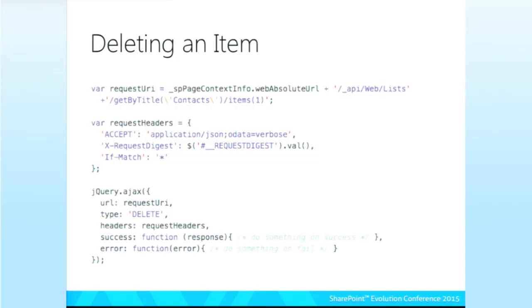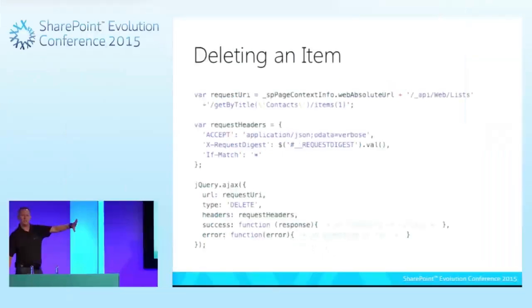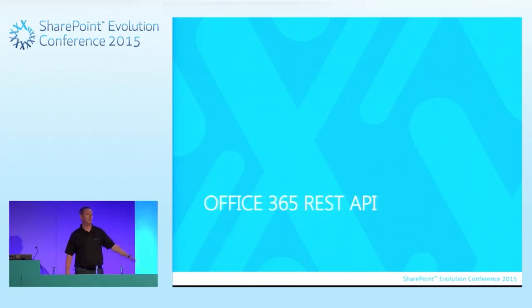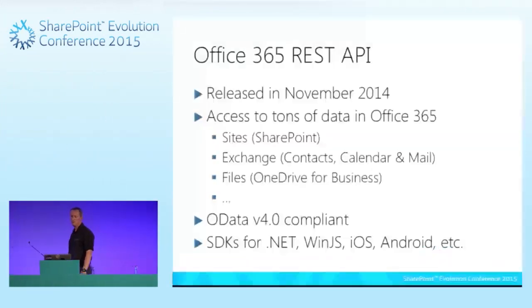If you're deleting an item, then do you really care if you're updating an old or an updated item? No, generally no, you just want to delete it, right? If you're updating an item, you might just be a jerk and say, if match equals anything, just update it. Last one in wins. But that's up to you. So that's a SharePoint REST fire hose refresh from what Todd talked about, all right?